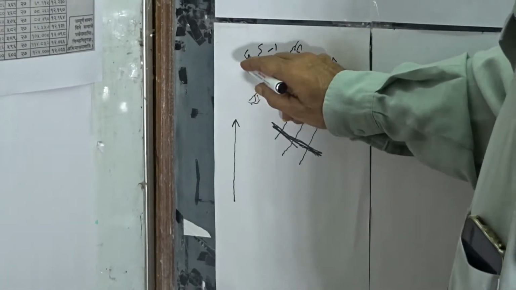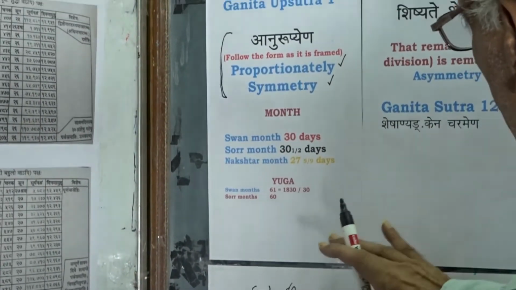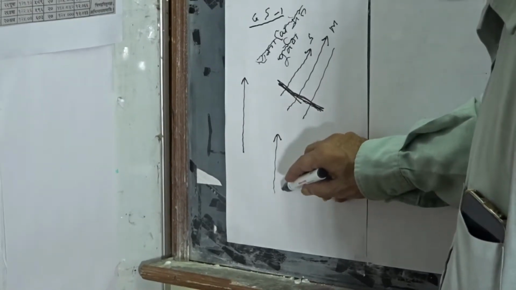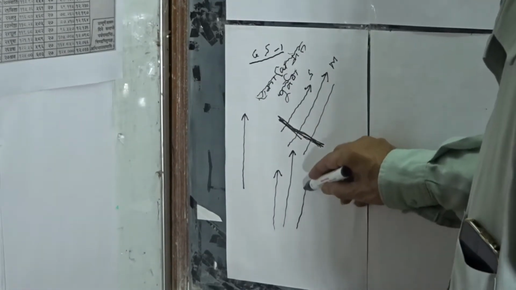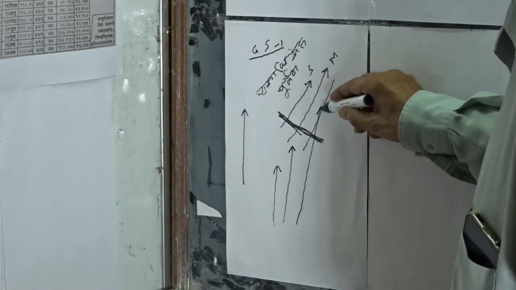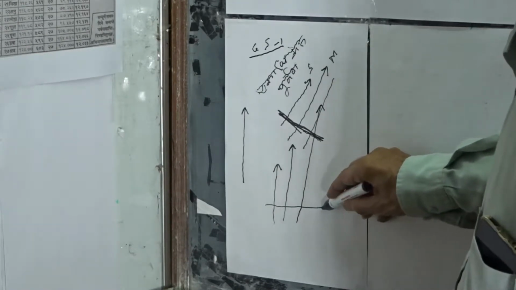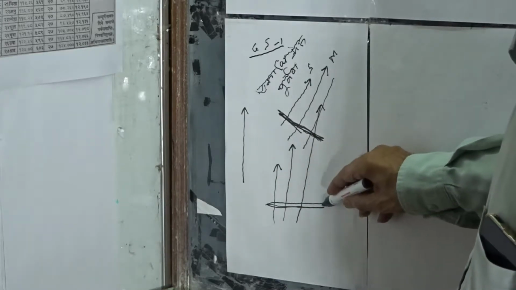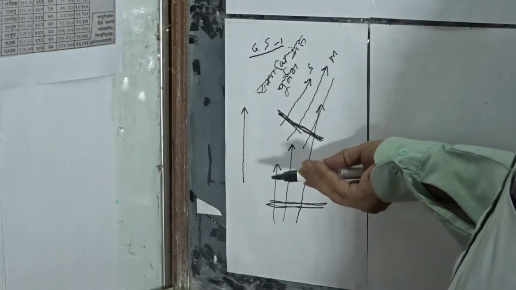So Ganita Sutra 1 together with Ganita Upsutra 1 makes a mathematics of simultaneous handling of different sequential progressions. There can be different sequential progressions with different progression at each step, and all of them can be simultaneously chased. It is this format of simultaneous chase of sequential progressions of different proportionalities.